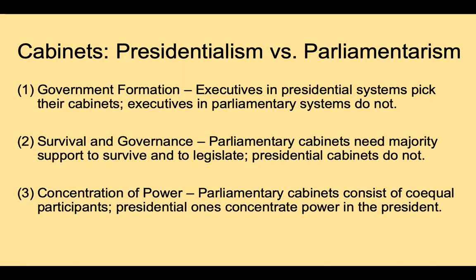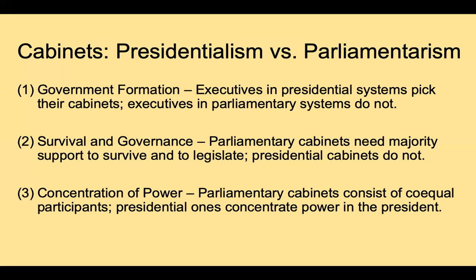And then third and finally, there's the dimension of the concentration of power. Parliamentary cabinets consist of co-equal participants. Remember that I called them collegial bodies. The prime minister does not rule with just the advice of the other ministers. The prime minister essentially rules with the consent of the other ministers. It's difficult to rule without the support and the consent of the other ministers.